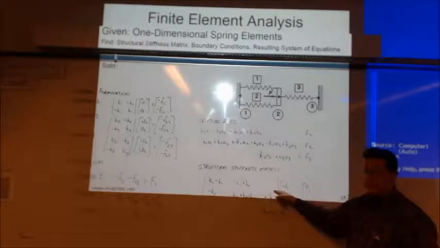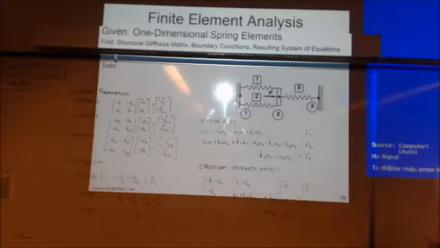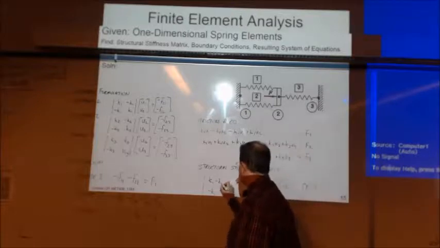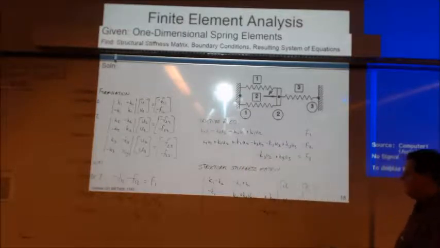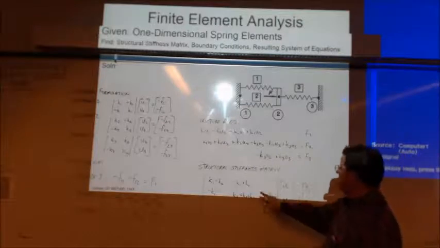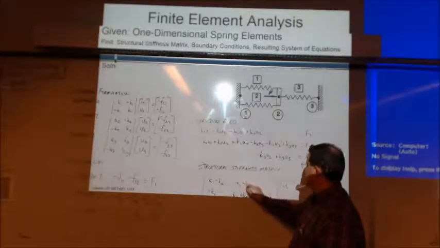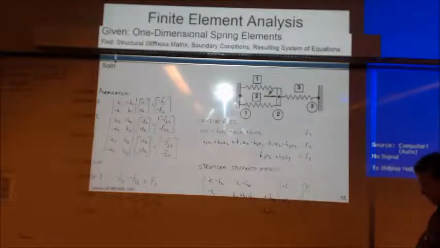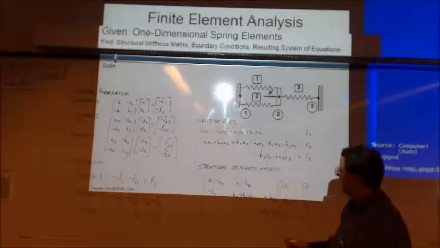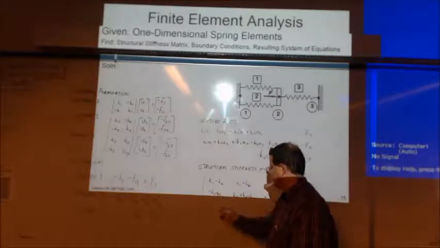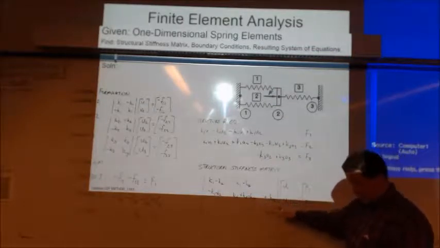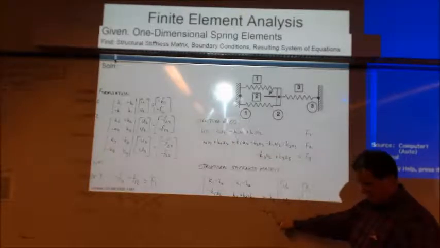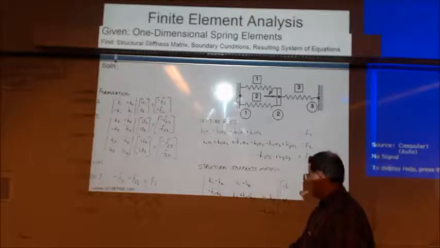Okay, does that make sense? Let's make sure I got it right. Q1: this is supposed to be a K2 minus K1. I was not very meticulous. Minus K1, minus K2 here. That's right, that's minus. This one's supposed to be over here.